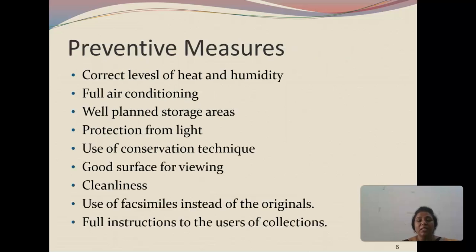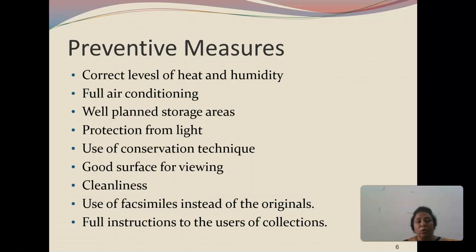Then what are the preventive measures that we can take? We have to correct the level of heat and humidity inside the museum where the object is kept. In order to maintain it, you should have full air conditioning, and we should have proper, well planned, well furnished storage, and proper lighting should also be there.